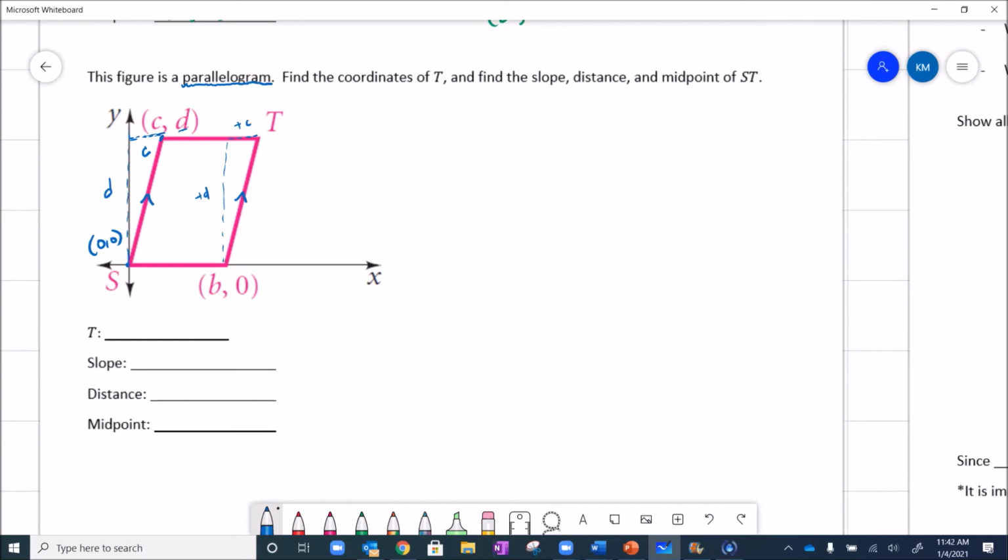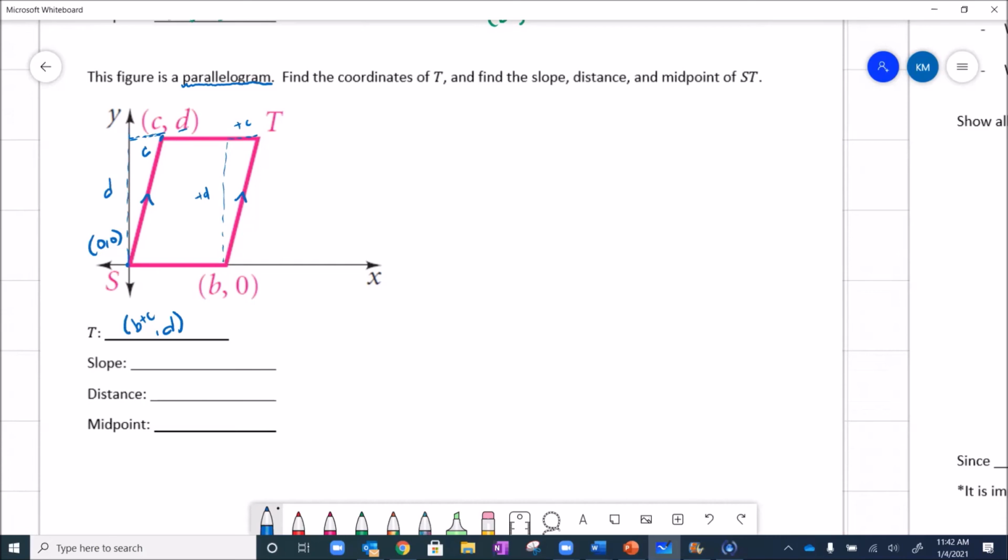So for T, let's start with the Y coordinate, it's a little bit easier. For my Y coordinate, I started at 0. I go up D. 0 plus D is D. For my X coordinate, I start at B. I go over plus C. B plus C will be written as B plus C. No, we're not adding a new variable.